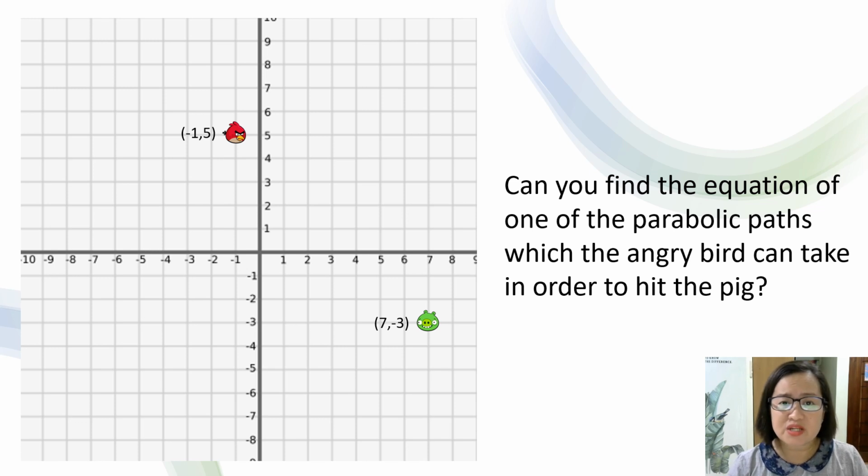There can be many ways in order to hit the pig with the given coordinates, but can you find the equation of one of the parabolic paths which the Angry Bird can take in order to hit the pig? But before you answer that, allow me to discuss the rudiments of parabolas.